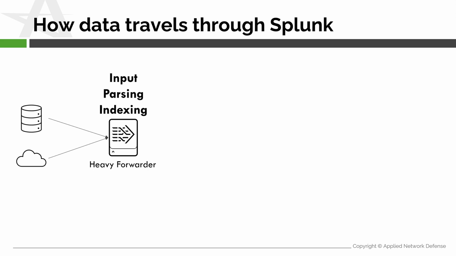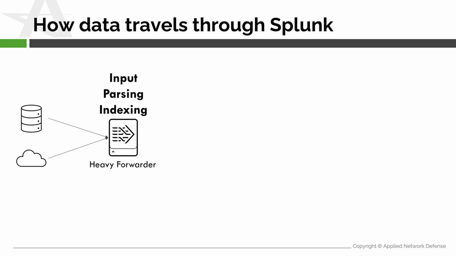So in this case, the input phase happens on the heavy forwarder because we're configuring the heavy forwarder to monitor this SQL table or something like that for us, right? But since it is already a Splunk Enterprise instance, the heavy forwarder is doing the parsing and the indexing for us as well.